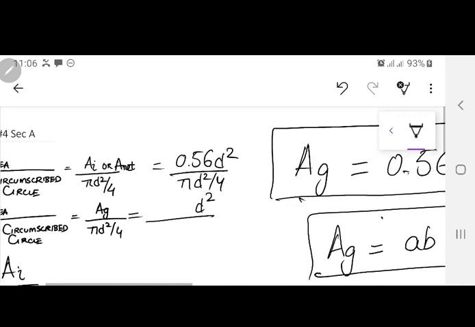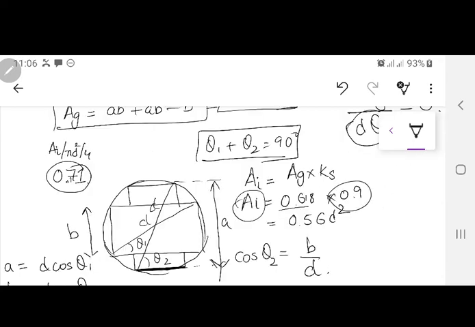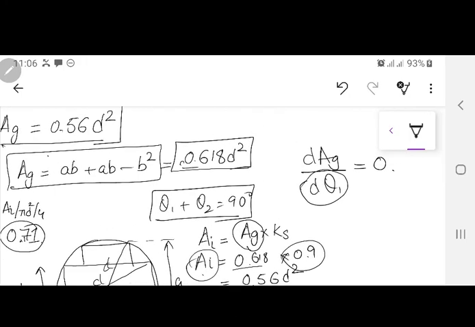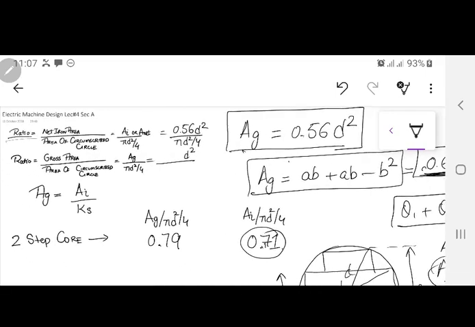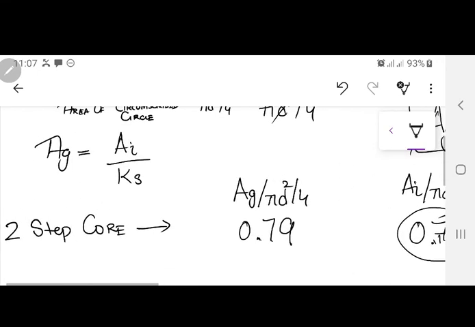Since 0.56 d square came from multiplying the gross area by the stacking factor, instead of that, if I take the gross area, which was 0.618 d square, and divide by pi d square by 4, the d square cancels and you arrive at 0.79.